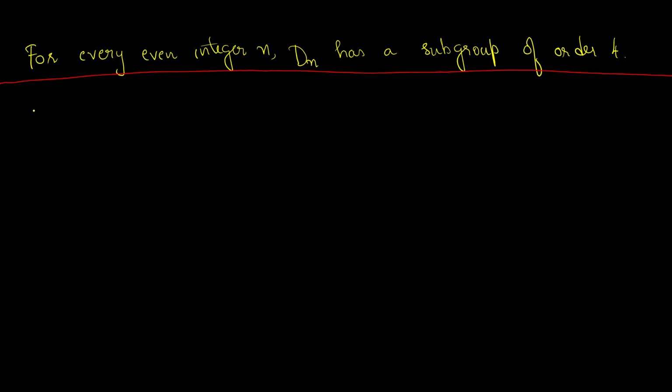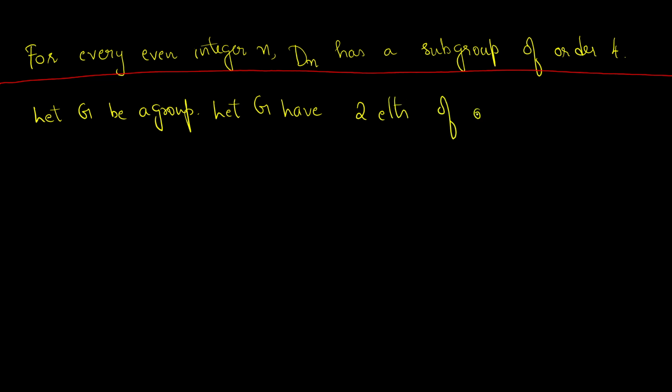In one of the earlier videos we had discussed a result: let G be a group, and let G have at least two elements of order 2 that commute.